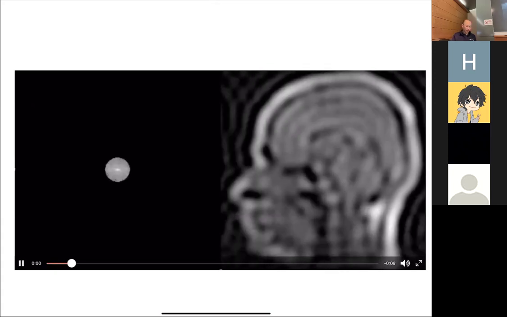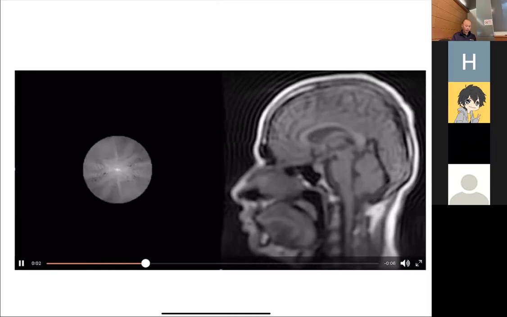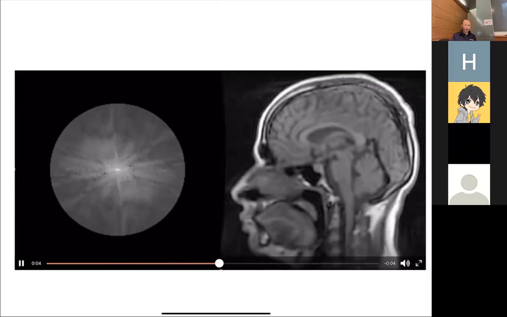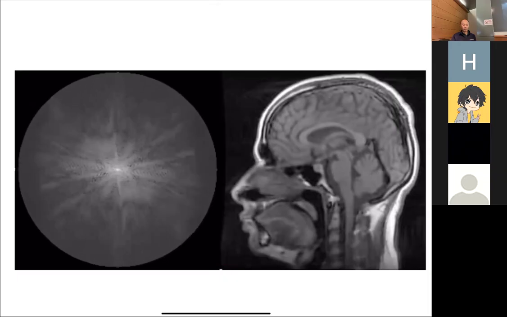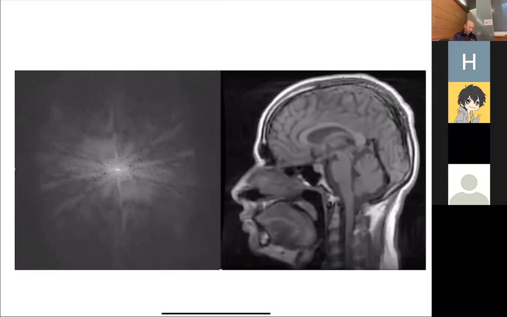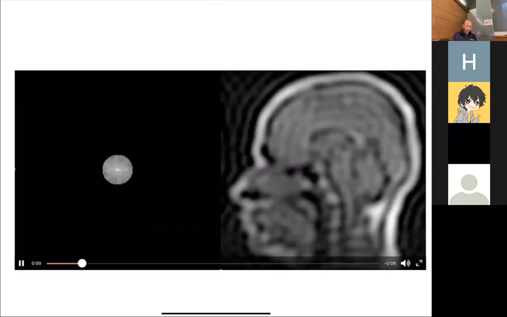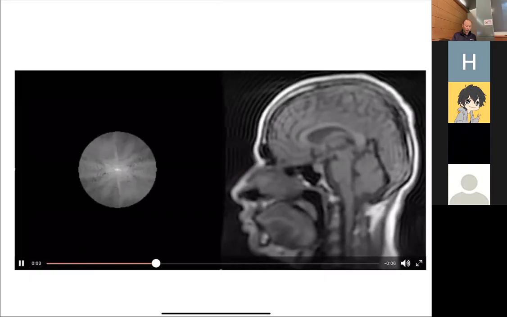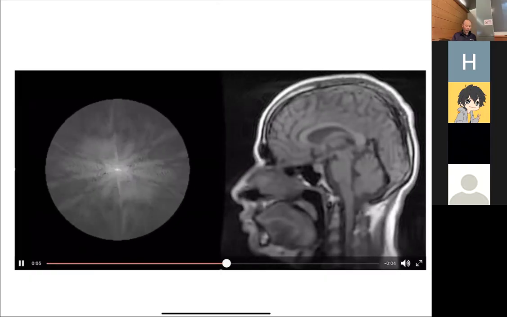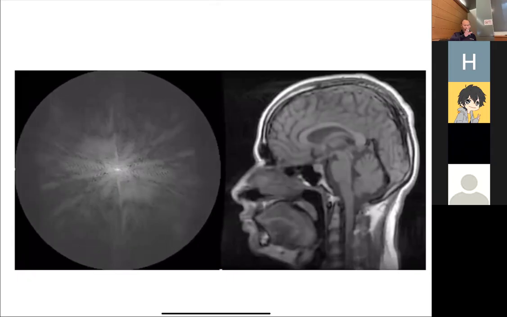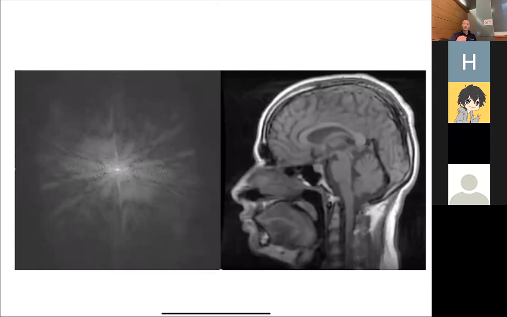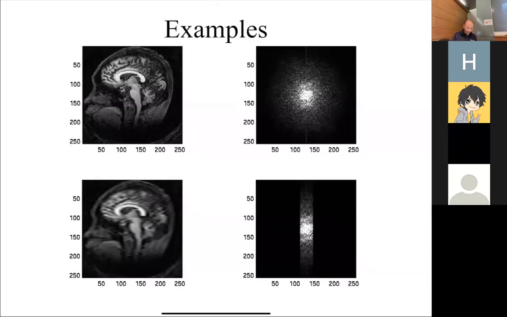And as I incorporate more and more, I start filling in the details. So that's one way of looking at how the outer parts of K-space are the details, and the inner part is the overall shape of the image. So for example, here, whoops.